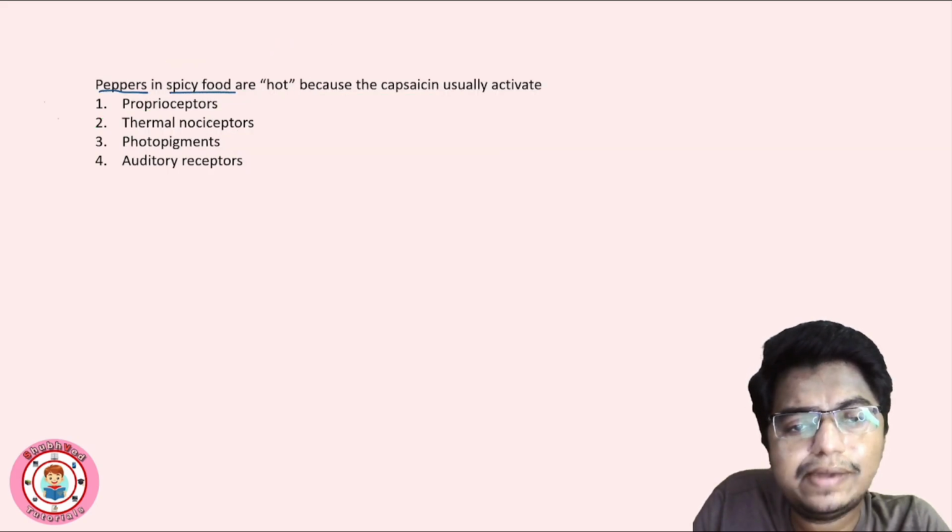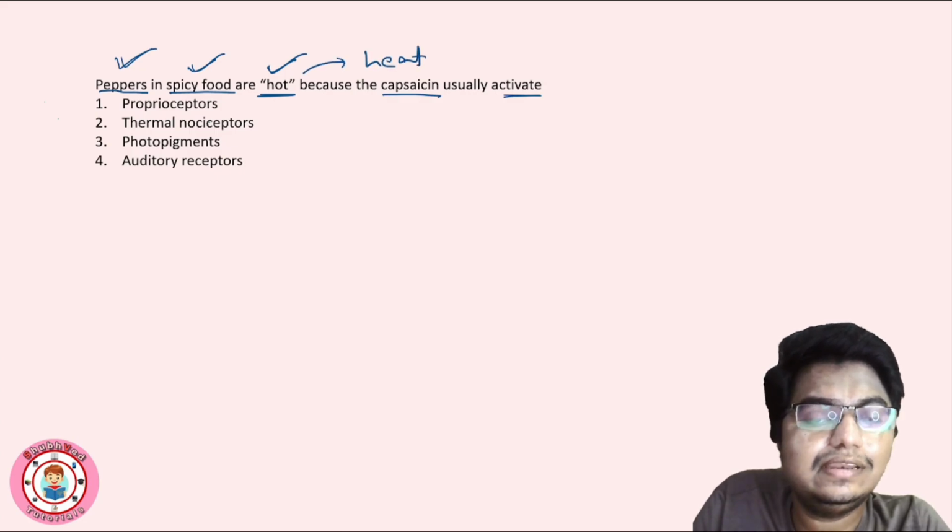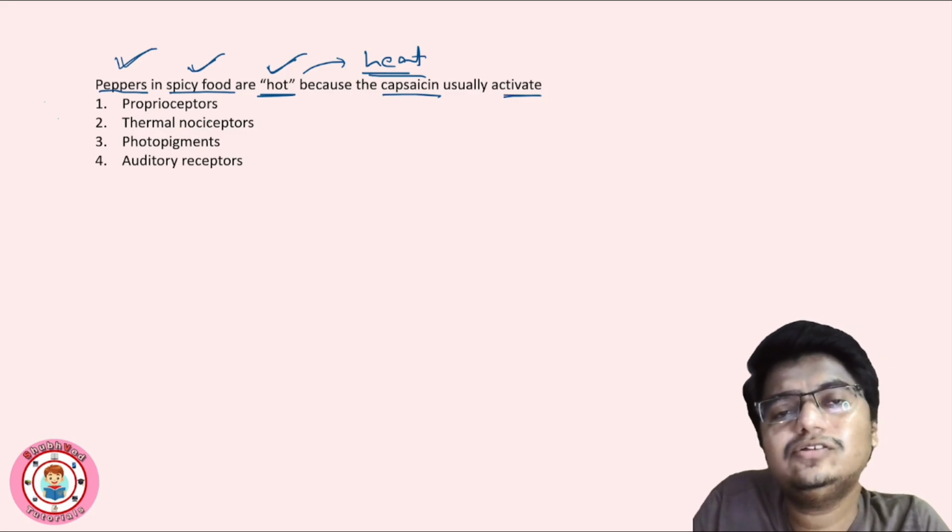Peppers in spicy food are hot because the capsaicin usually activates. Very easy. Spicy food, peppers, right? And these are hot. Okay, hot means we can relate this hot with heat basically. Why so?